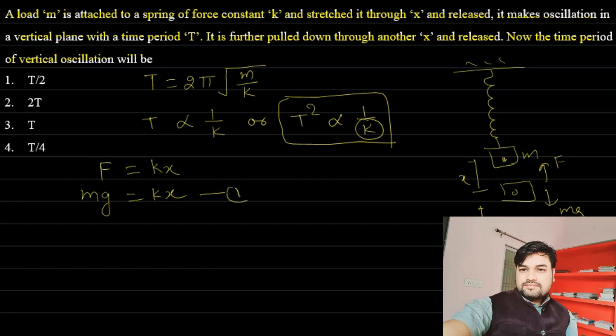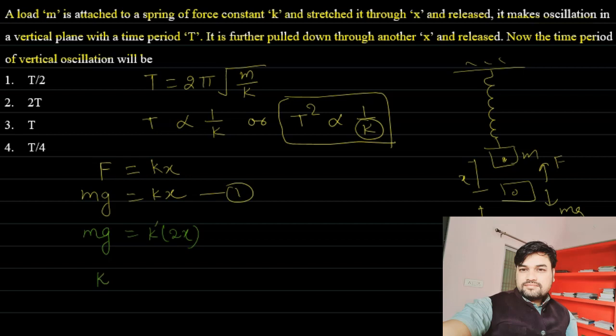This is the first case, and in second case the spring is further pulled, so the force will be mg equals to k, and the x will be increased to 2x. So let us say this is k dash and this is k.